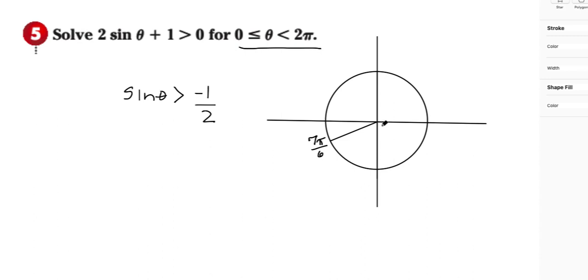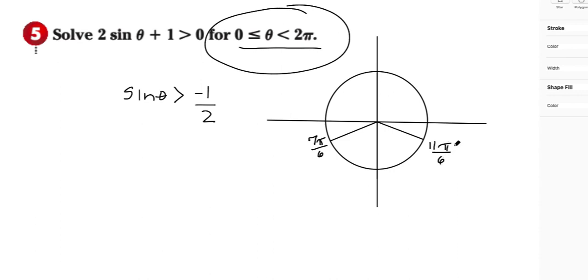And over here, I could talk about this as negative pi over 6, but since we're supposed to consider only values from 0 to 2 pi, I need to think of it as 11 pi over 6. That's 2 pi less pi over 6, or 12 pi over 6 being 2 pi.